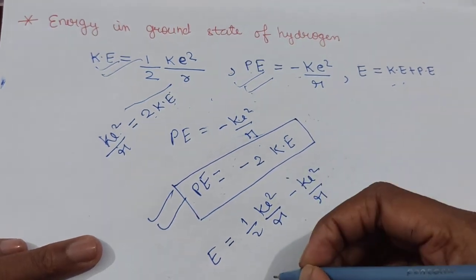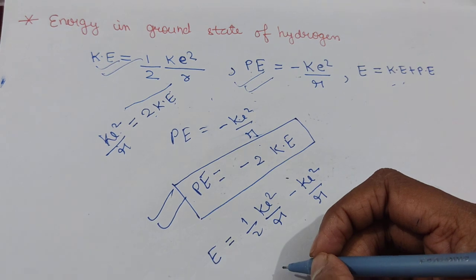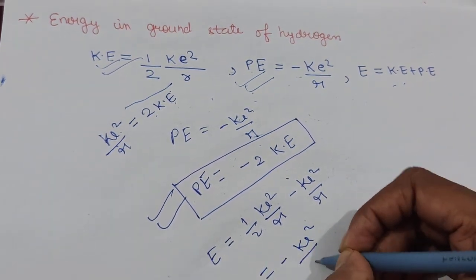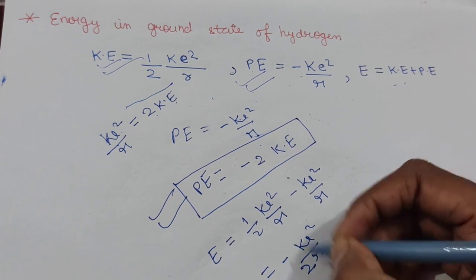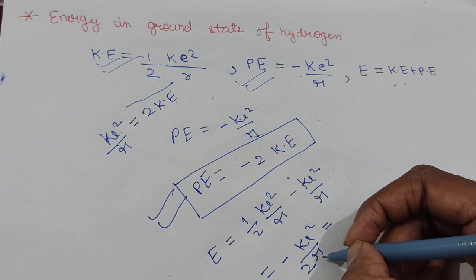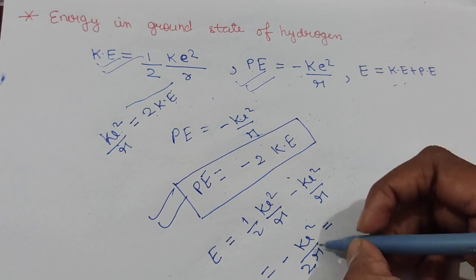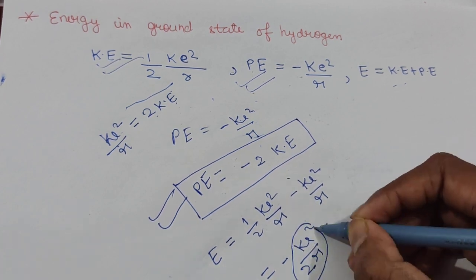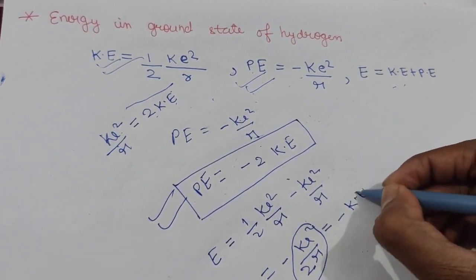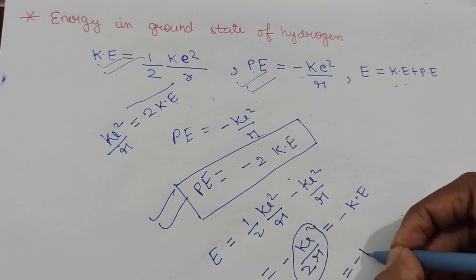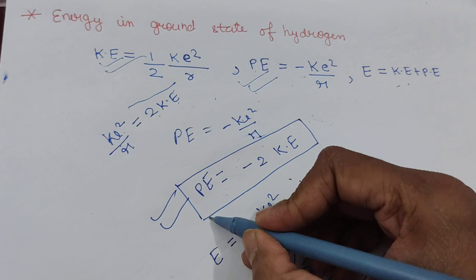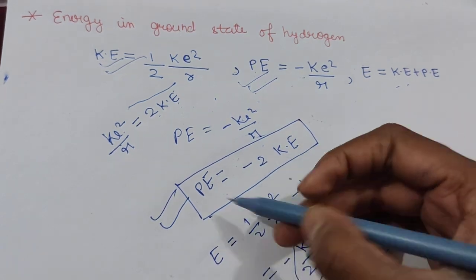Now the answer will become minus Ke square by r upon 2 also, and we can say that this is also a kinetic energy, KE, with the minus sign. So E is equal to minus KE. The total energy is equal to minus KE, and the potential energy is equal to minus 2KE. This is the kinetic energy.